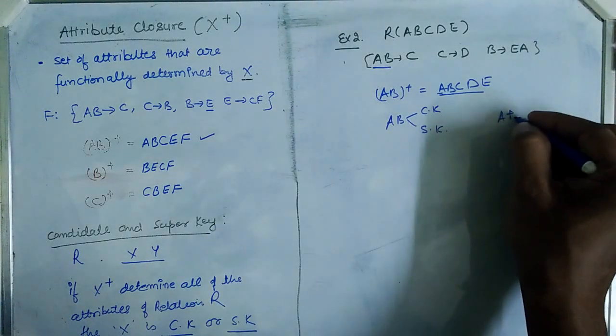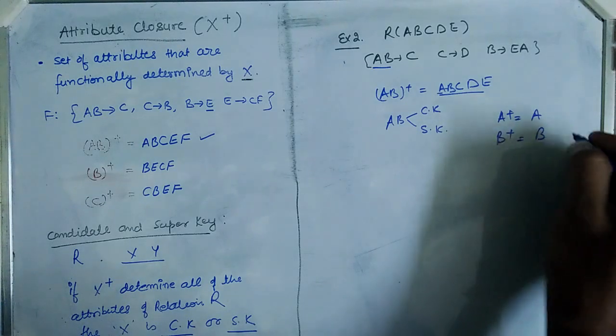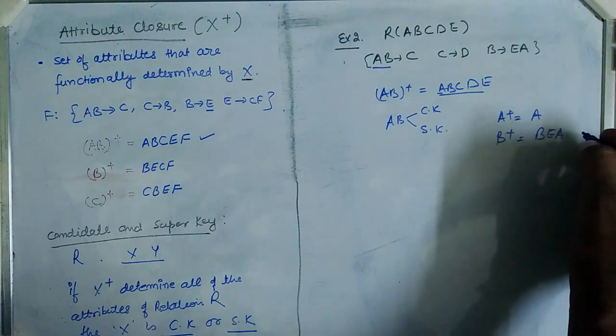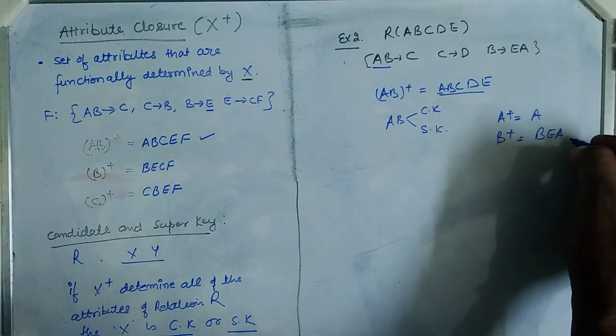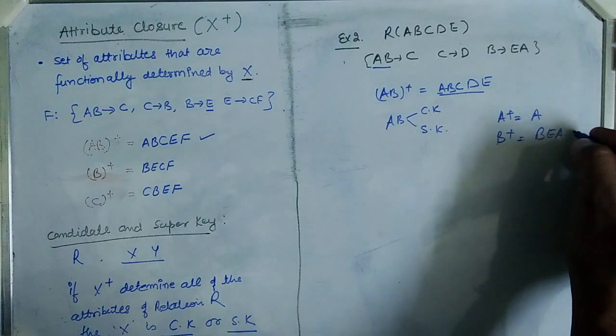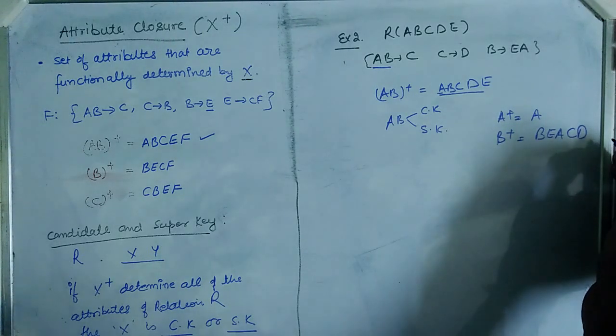Check for A closure, you find only A. Check for B closure, you find that B is included, E is also included, and because of A and B, C is also included, and because of C, D is also included.